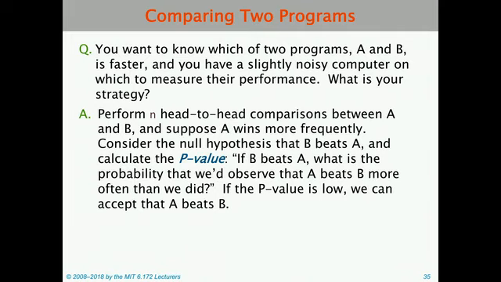Okay? So for example, imagine that in the worst case they were equal in performance, and all we're seeing is the noise. Then I would expect to get about an even number of wins.